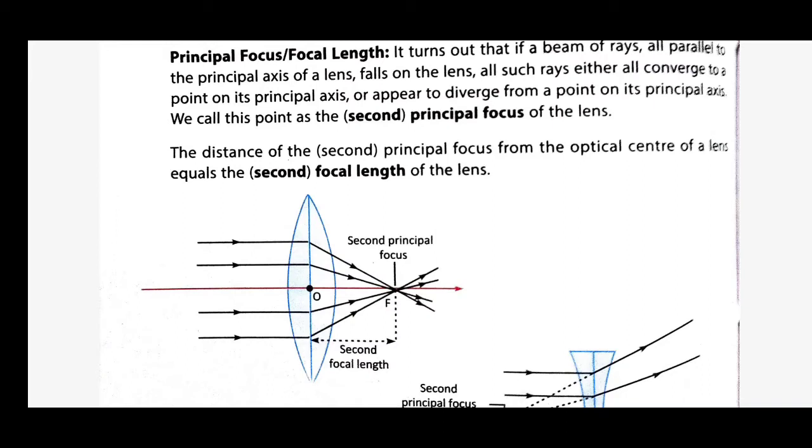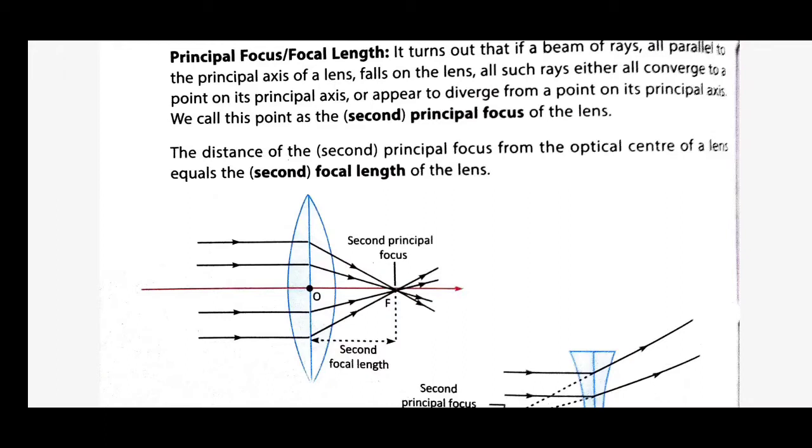I am repeating again. The point on the principal axis where all the incident rays which are nearer and parallel to the principal axis meet really or appear to meet after refraction through the lens is known as principal focus of the spherical lens.